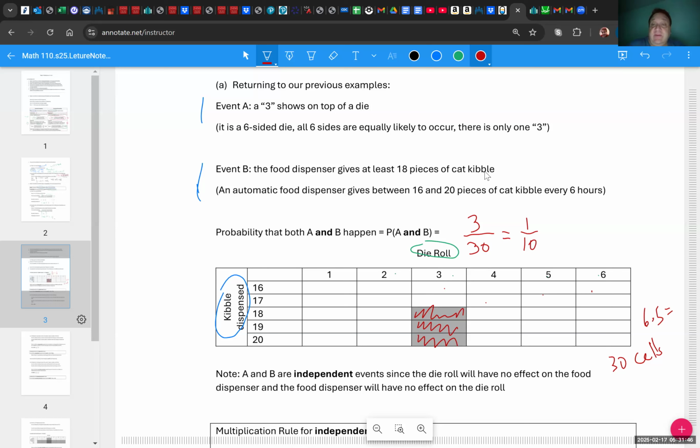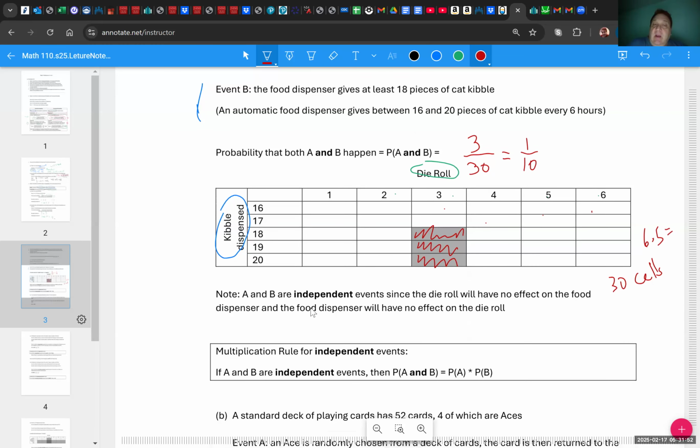We can literally just count it. We have a special formula. By the way, I want you to note that A and B are called independent events because one event will not affect the other event. The die roll will have no effect on the food dispenser amount, and the food dispenser will have no effect on the die roll result.